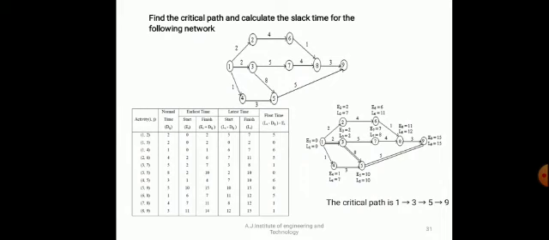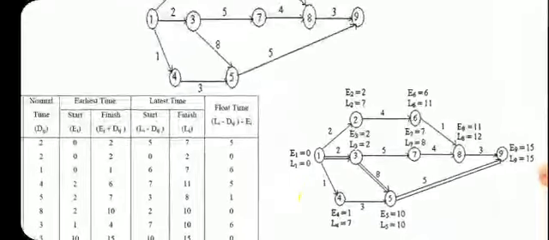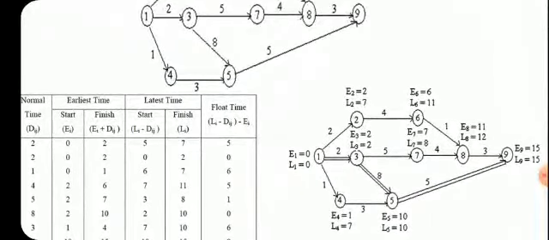All other points, for example, we can observe here 1, 3, 5 and 15. Here also 0, 0 to 2, 2 plus 8, 10, 10 plus 5, 15. Similarly, 0 to 2, 2 plus 4, 6, 6 plus 1, it is 7.